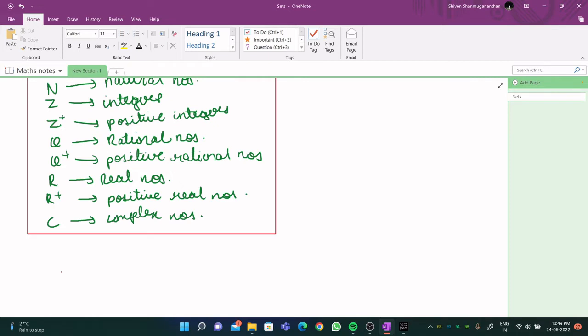Now, a collection of good hockey players in India. The definition of a good hockey player is subjective. It may change from person to person. Hence, we can't define this, and hence it is not a set. Now, the collection of most talented writers of India.